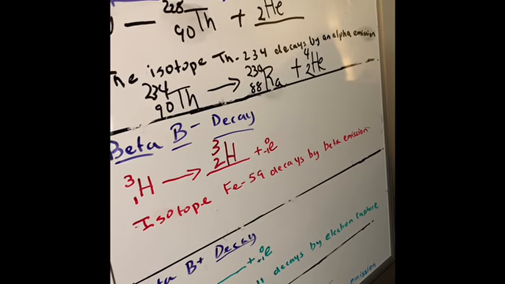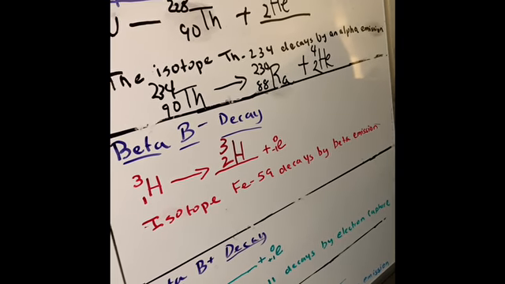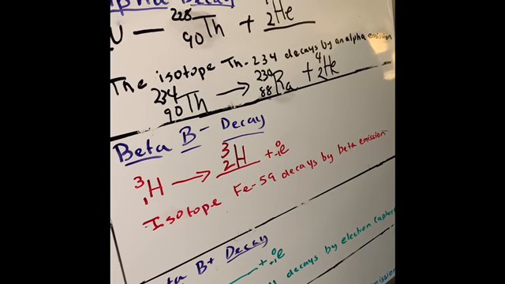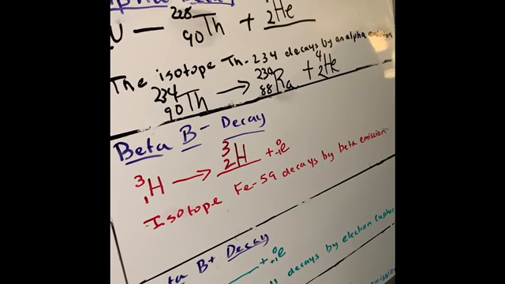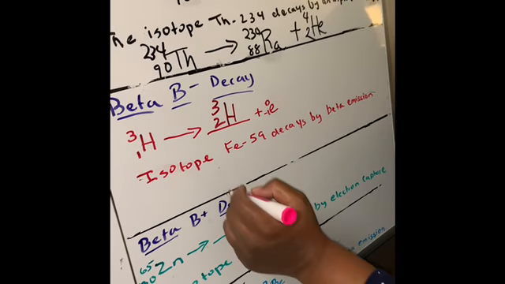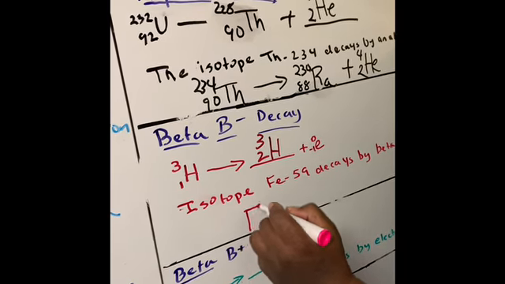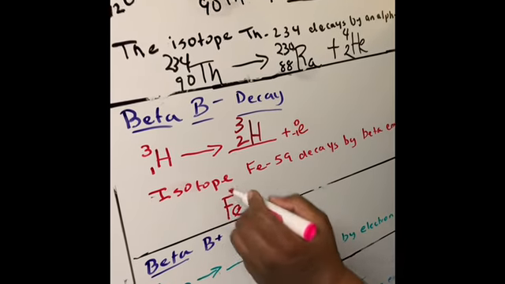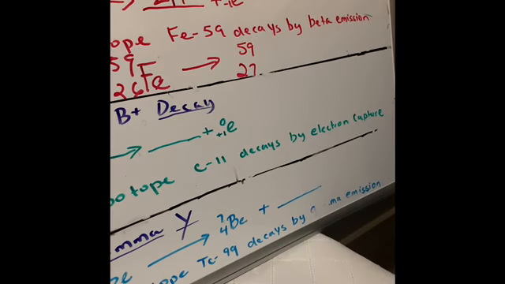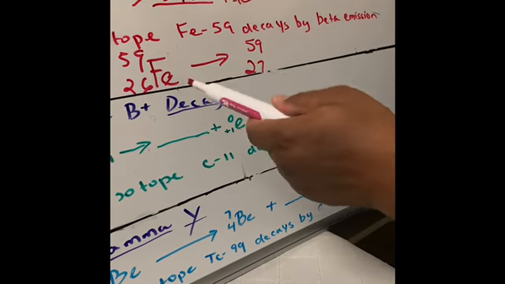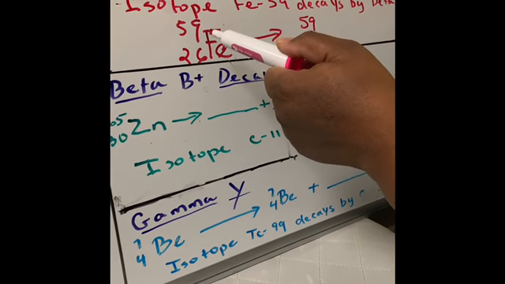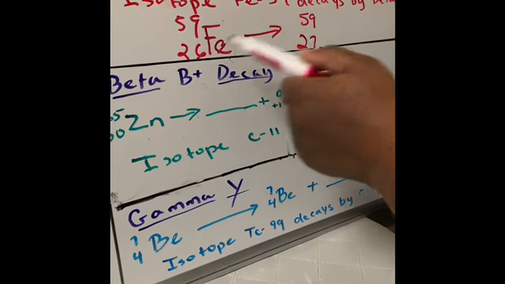So let's say they propose this to us in a word problem or in word form. We have iron 59, and it's decaying by beta emission. So we know that we're going to start off with iron 59 here, and as we look at this, we have iron, and the atomic mass for iron is 59, and the atomic number is 26.